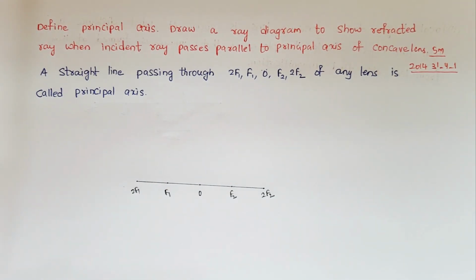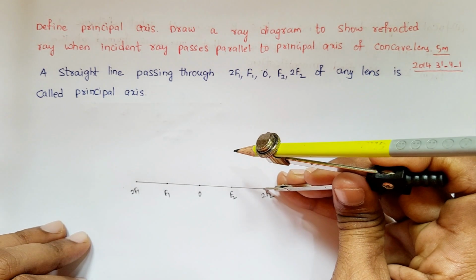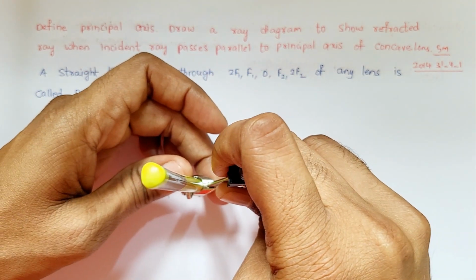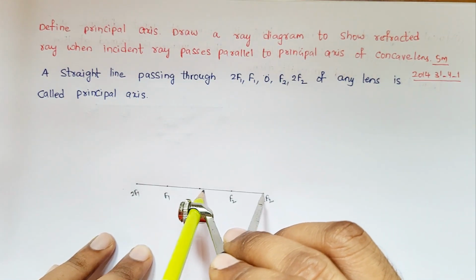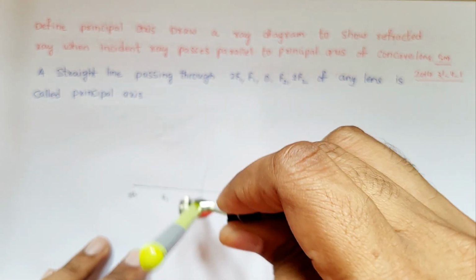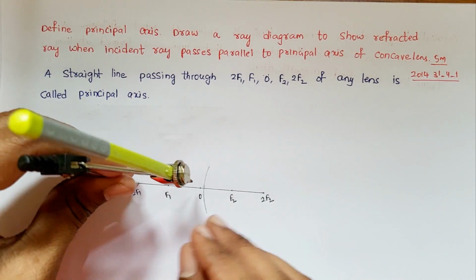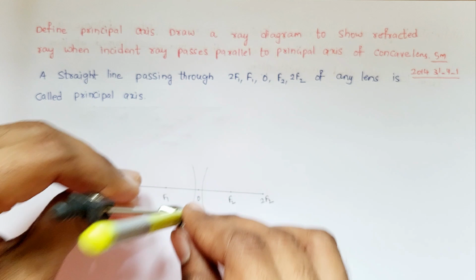Now you take the compass and take the radius. Which lens is this? Concave lens, right? So take the radius of curvature just lesser than half of the length, the optical center is somewhere here. If you take and draw an arc like this, okay, and take the center as another 2f1 and mark another arc.